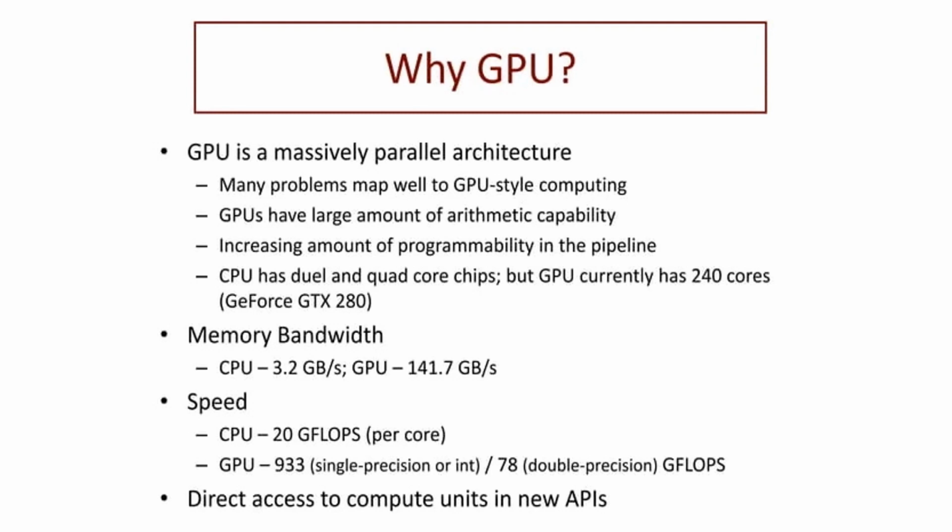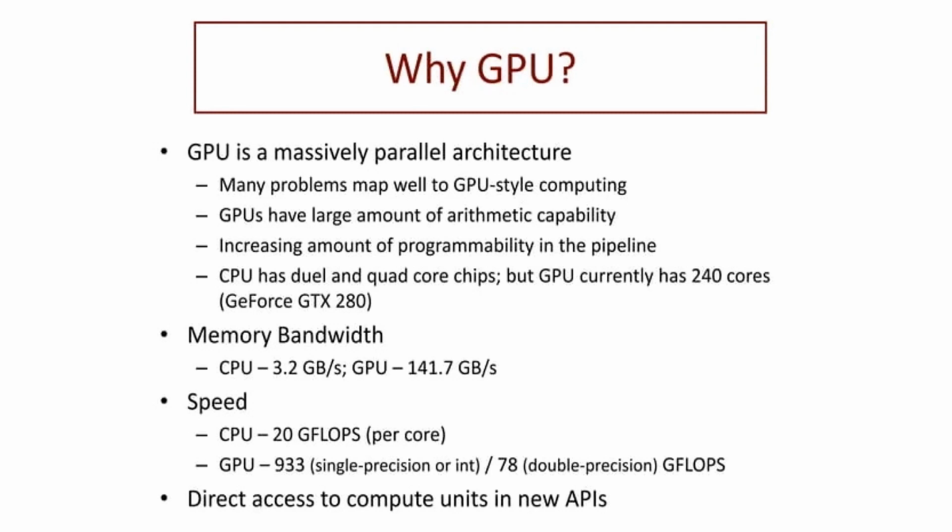A CPU has dual and quad core chips, but a GPU currently has 240 cores, the GeForce GTX 280. Memory bandwidth: CPU 3.2 GB per second, GPU 141.7 GB per second, which is very high. Speed: CPU 20 GFLOPS per core, GPU 933 GFLOPS single precision or int, 17 GFLOPS double precision.